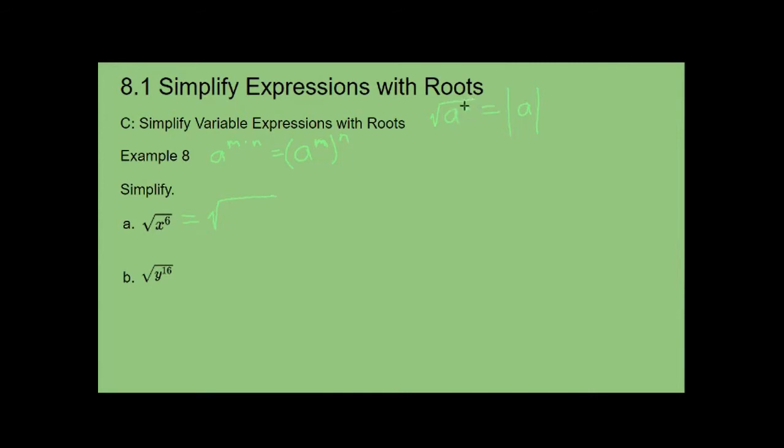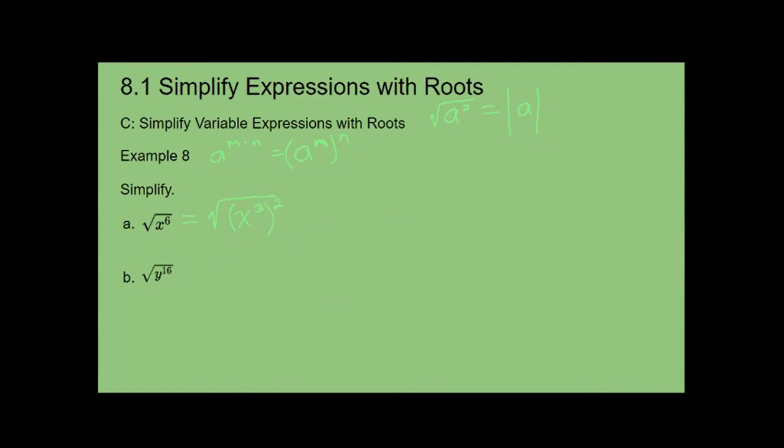Since we're taking the square root, we want to have something squared inside. So if we take x to the 6, but we separate it into x to the 3rd and take that to the square power, then we have our square root of something squared.